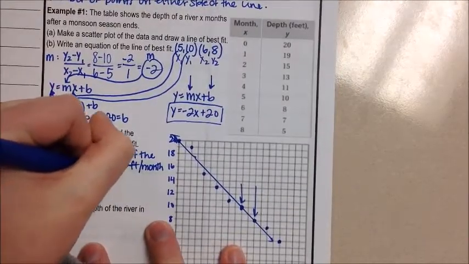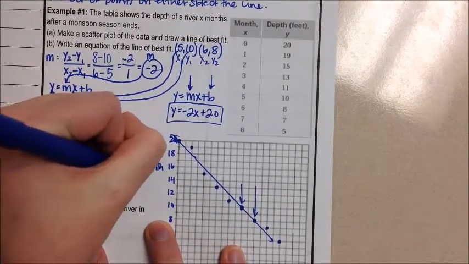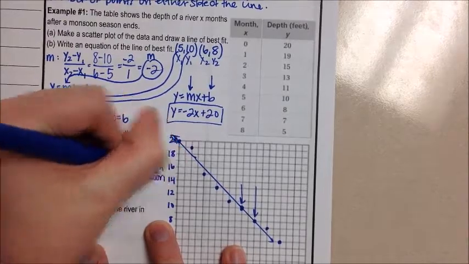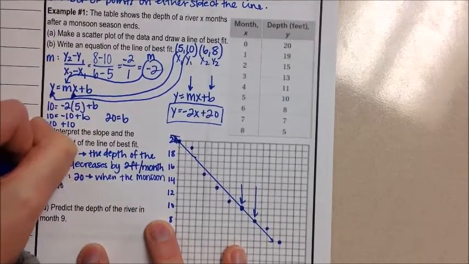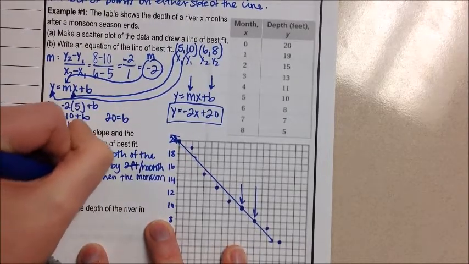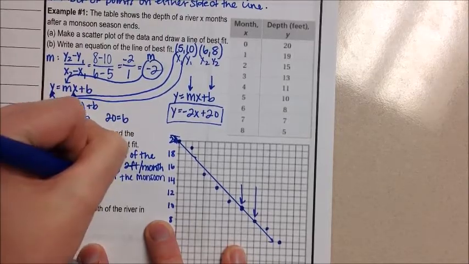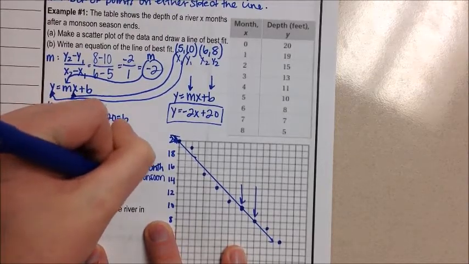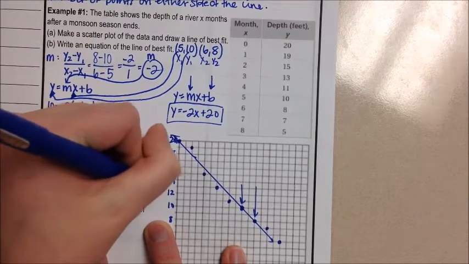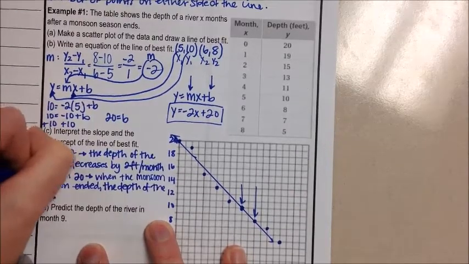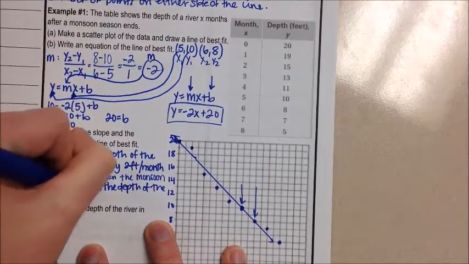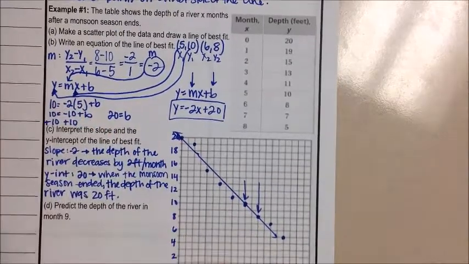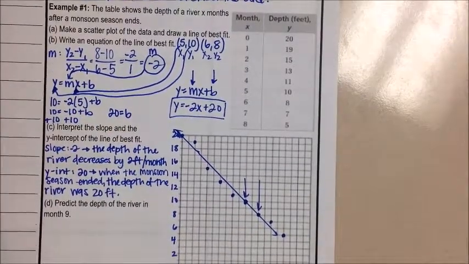So when the monsoon season ended, the depth of the river was 20 feet, because that's where it started.